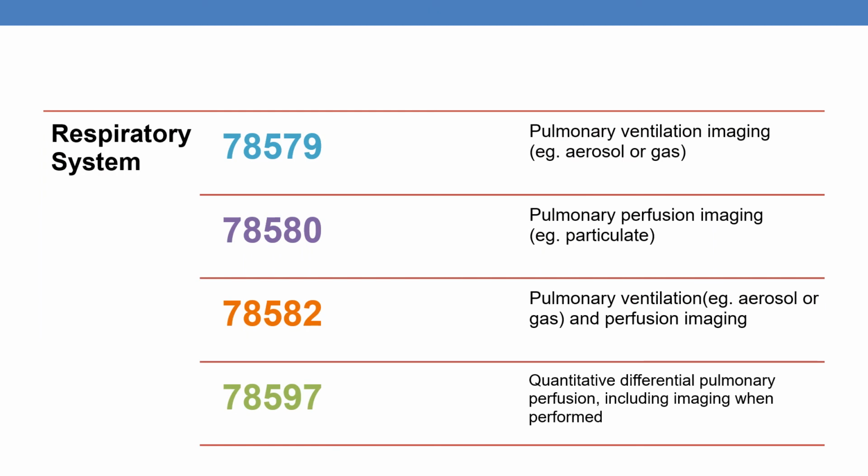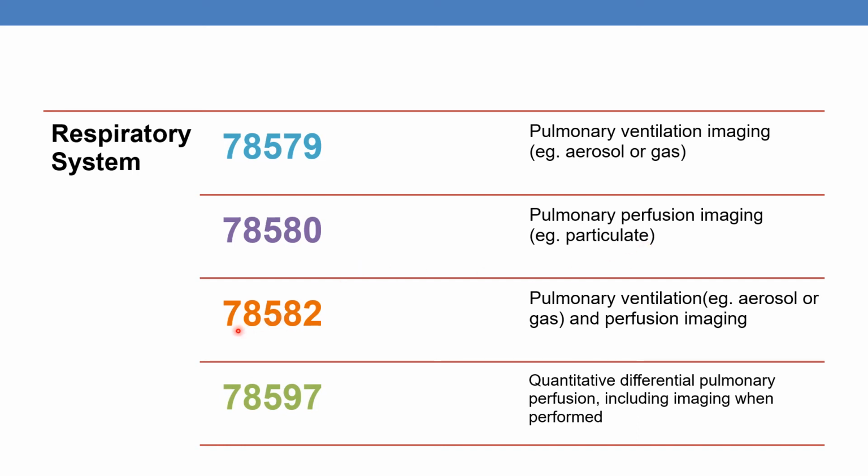Now coming to the nuclear medicine codes for the respiratory system. The first CPT is 78579. The description is pulmonary ventilation imaging, example aerosol or gas. The next is 78580, pulmonary perfusion imaging via particulate.